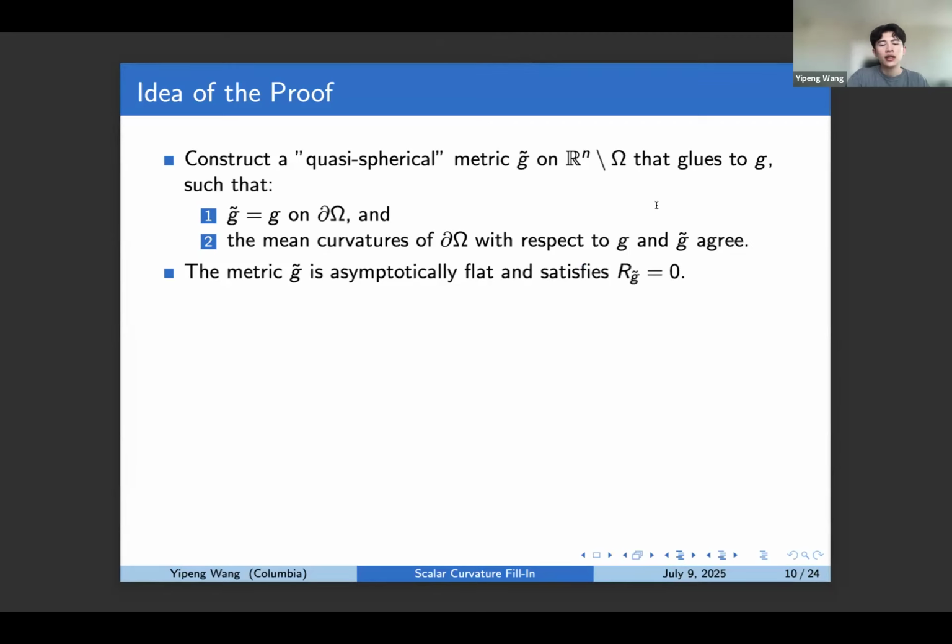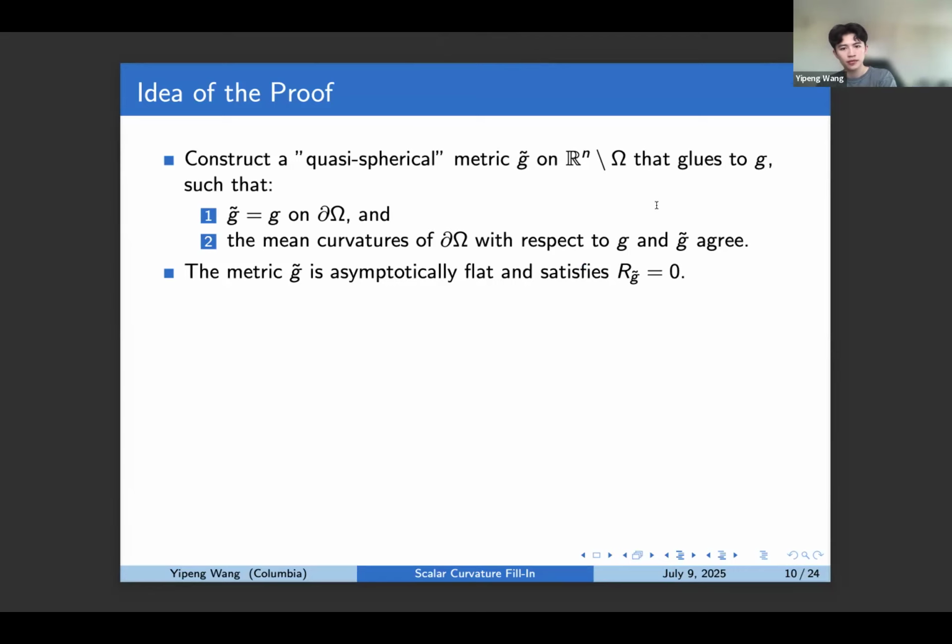With this quasi-spherical metric, G tilde will be asymptotically flat and scalar flat. So the scalar curvature of G tilde is 0, and the metric is asymptotically flat.